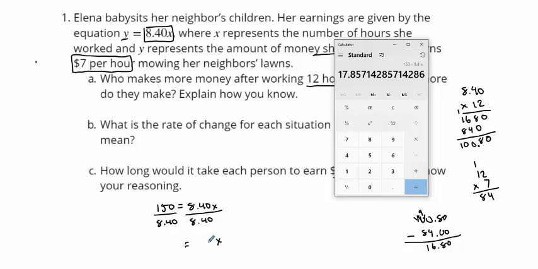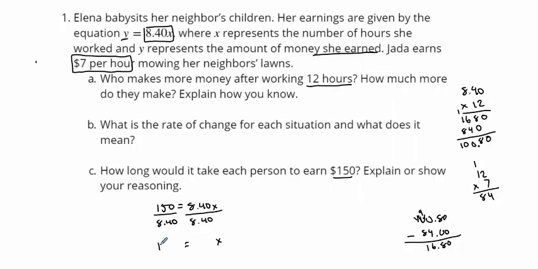This x is the hours. 17.857140. I'm just going to round that. I'm going to say 17.86 hours. All right. So it would take her 17.86 hours to earn that. So almost 18 hours for Elena.